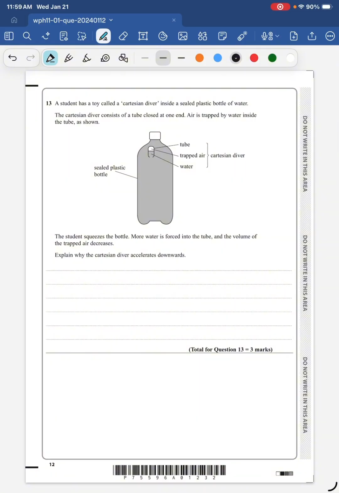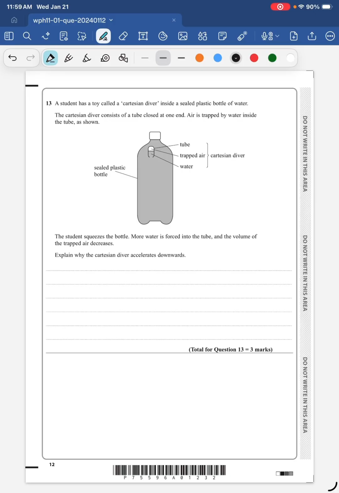This looks interesting. It's a 3-mark question, so it should take you about 3 minutes. So it should be kind of easy, maybe. It doesn't look easy though. A student has a toy called a Cartesian diver. Never heard of this thing before. Inside a sealed plastic bottle of water, the Cartesian diver consists of a tube closed at one end, okay?